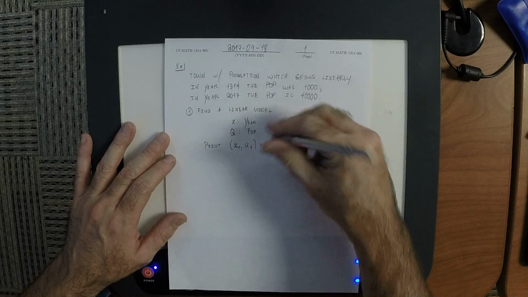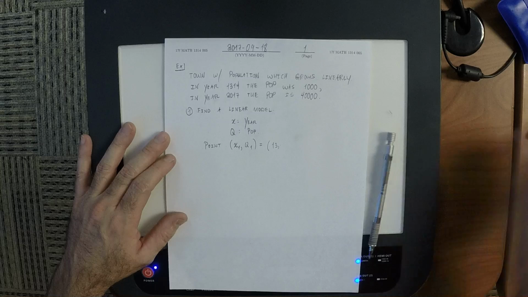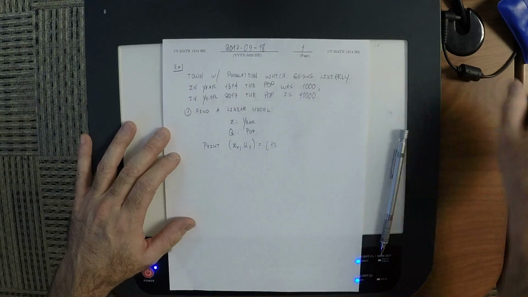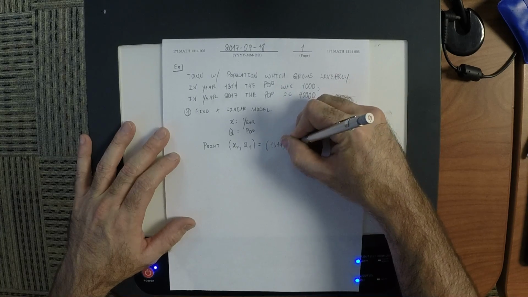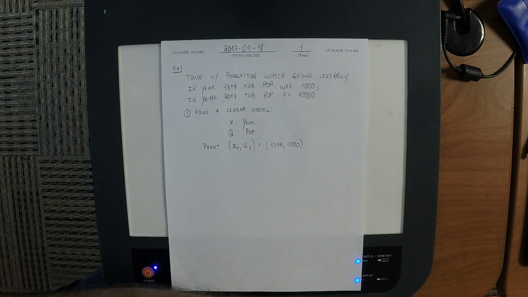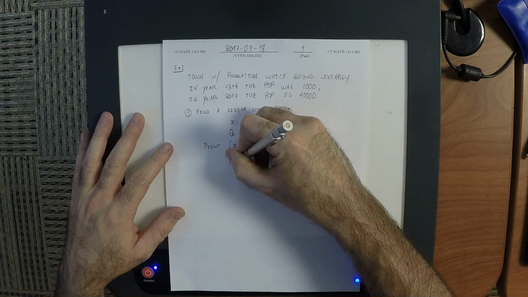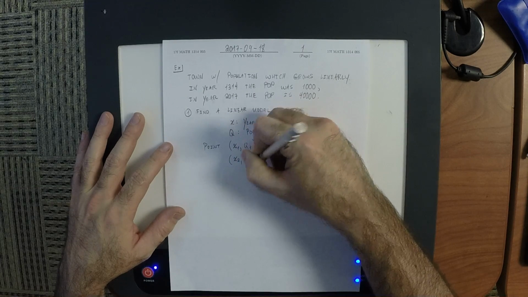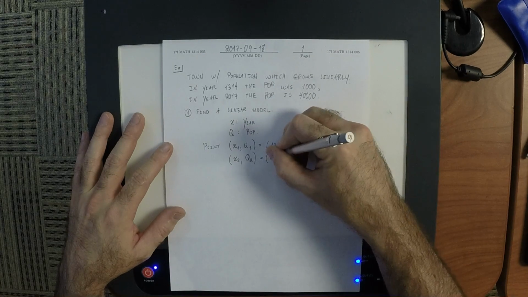So what I want is the specific. 13, 14. Okay, good. 13, 14, and then comma 1000. So what that's saying is that in the year 1314, the population was 1000. Okay. But we also have another point, x2, q2. So what point is that? 2017. Very good.